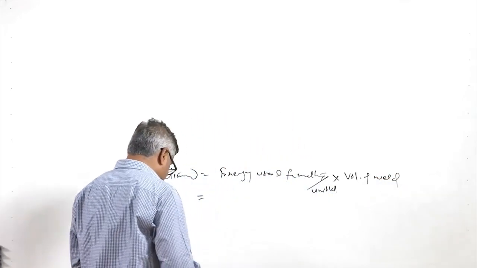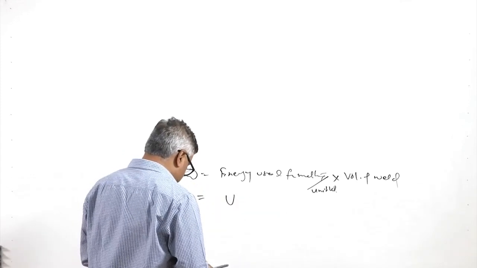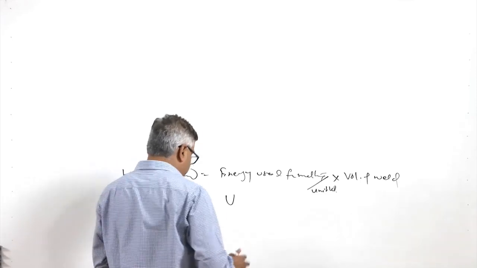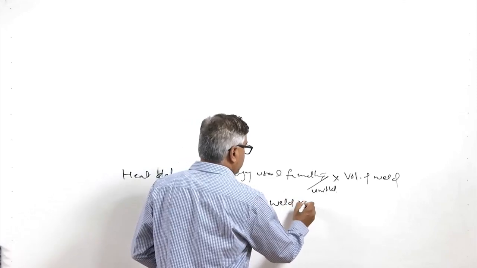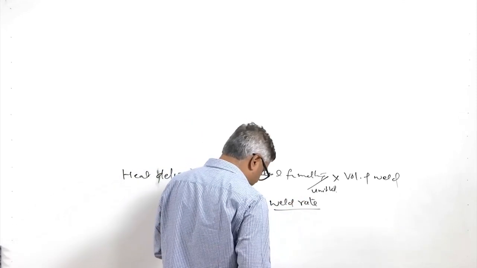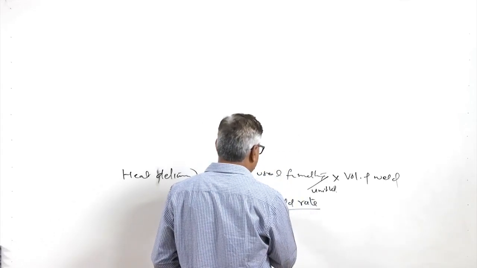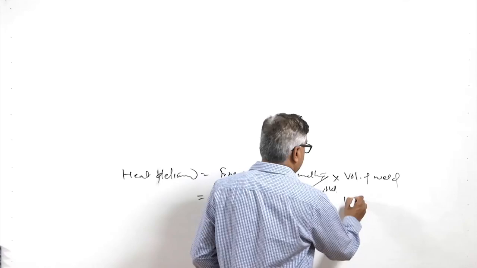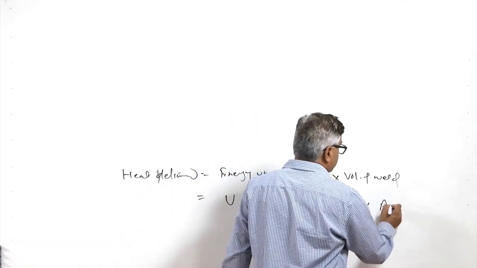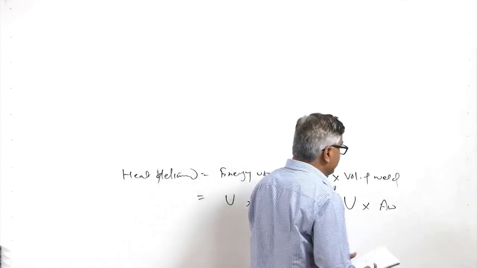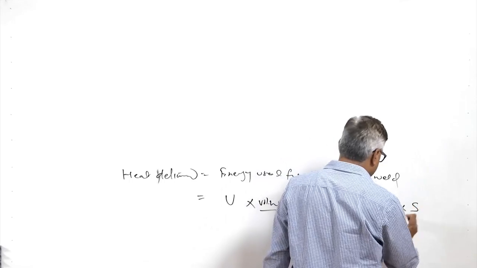So, U is the energy required for unit volume, multiplied by the rate at which the weld is being made, the weld rate. For that, U is the heat required for unit volume, multiplied by AW, the cross sectional area of the weld, multiplied by the speed of the welding, S.